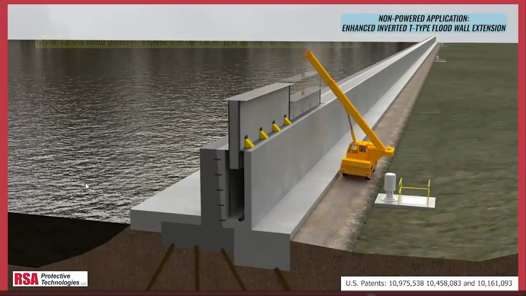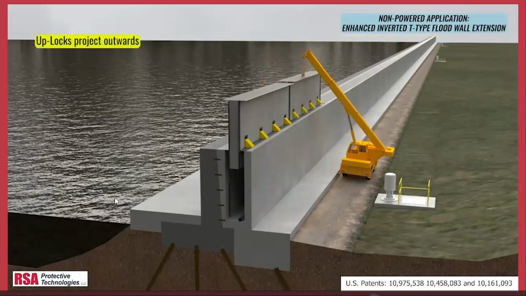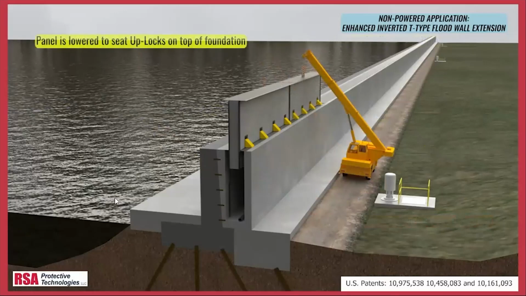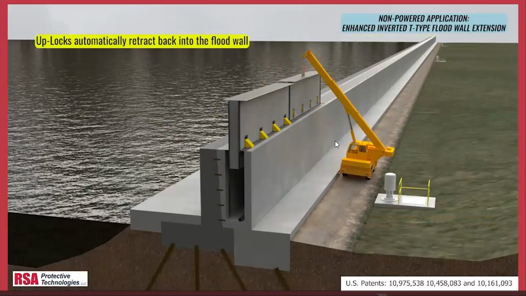So this would continue all the way down, just moving from one panel to the next, lifting them up into location and moving on to the next one. To lower it, you retract the up blocks and lower it back into the wall, and you would do it in the reverse order.